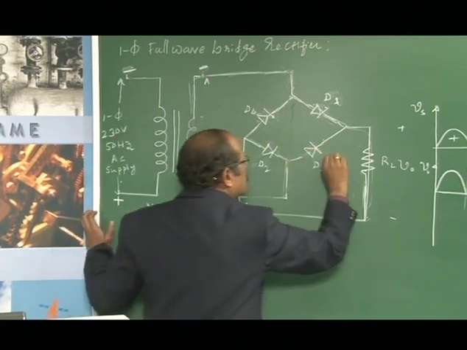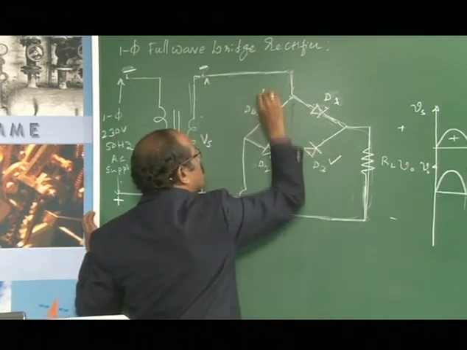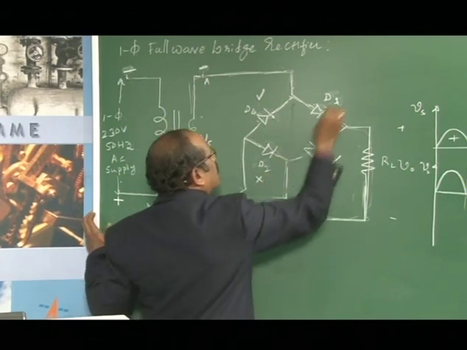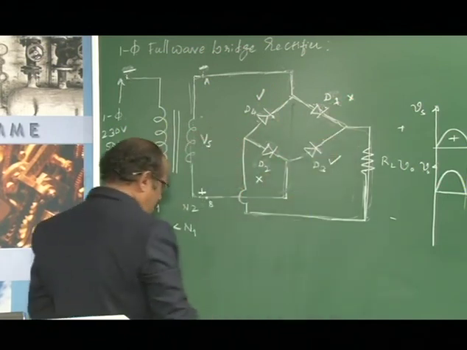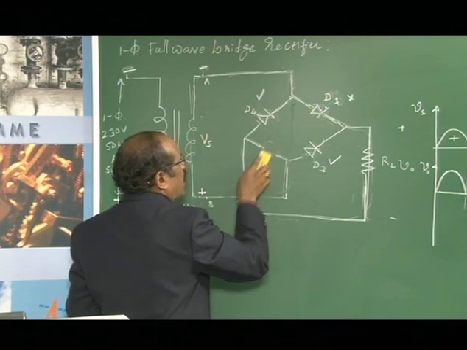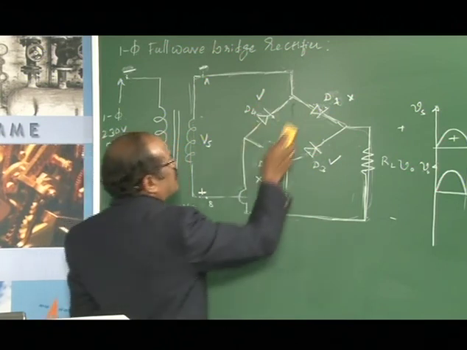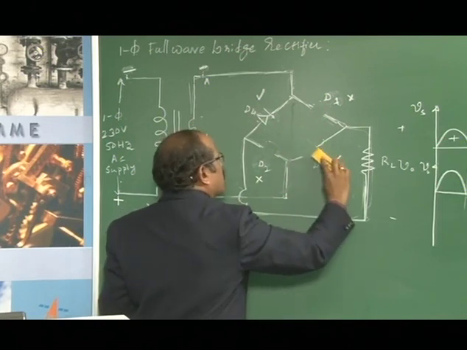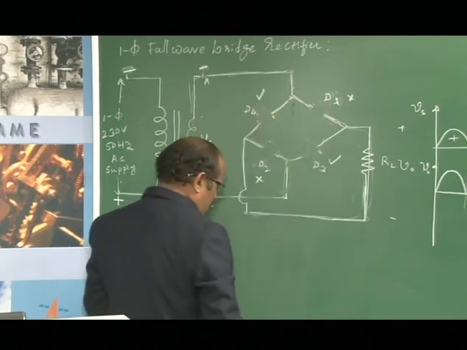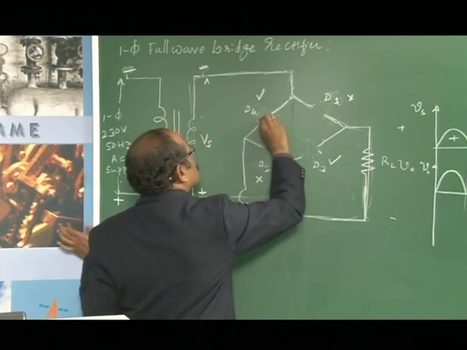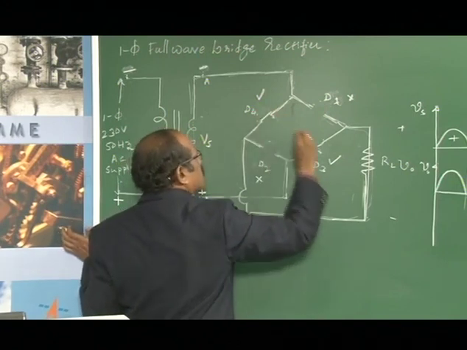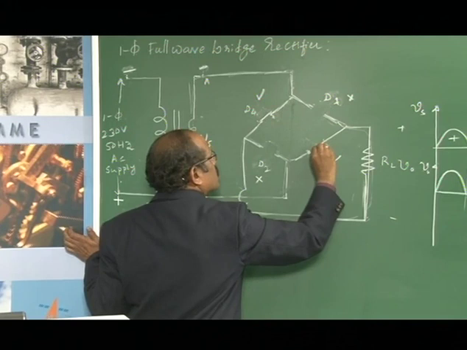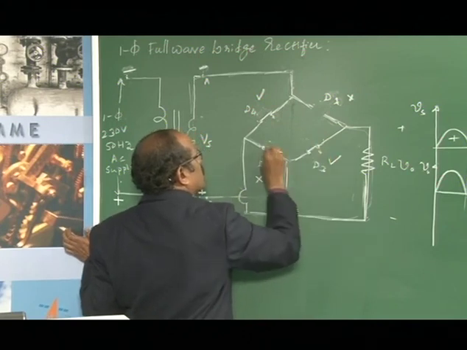Therefore, both these diodes, D3 and D4, conduct, whereas D2 and D1 will be reverse biased. So I can represent diodes D1 and D2 as open circuits, whereas diodes D3 and D4 I can consider as closed circuits, that is, they act as closed switches. So this is what we are getting here.